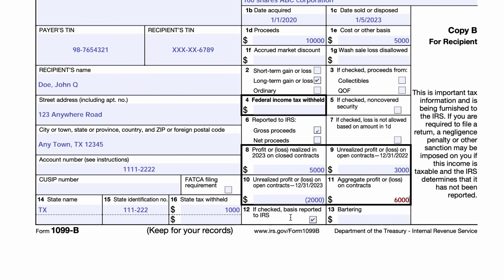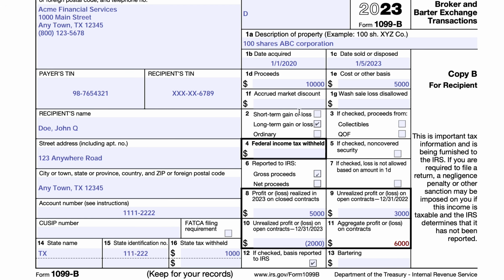Box 12, if this is checked, this means that the brokerage firm is reporting basis to the IRS, and either the short-term or the long-term gain box up here in box 2 has been checked. So box 12 is checked because the long-term gain box is checked.